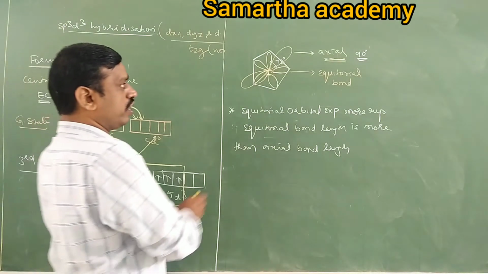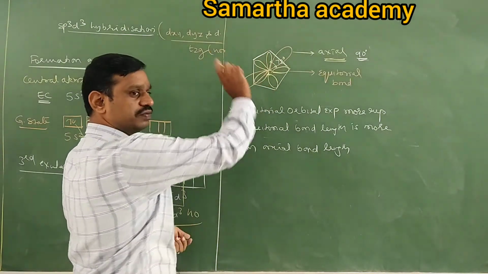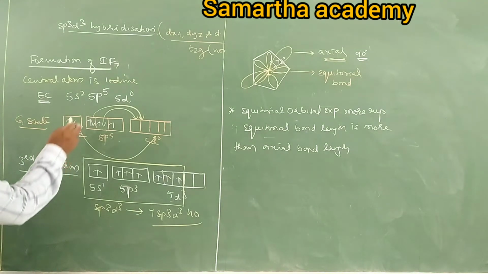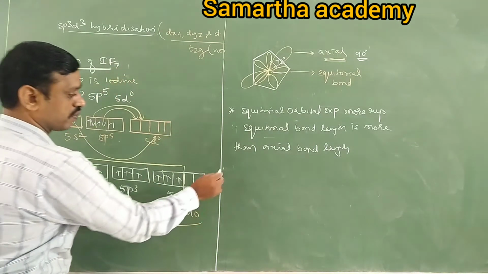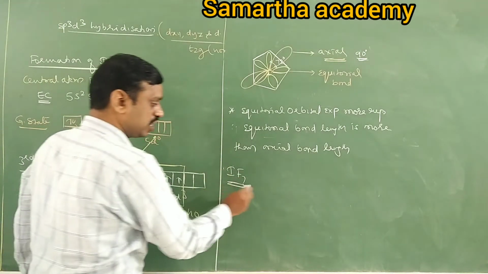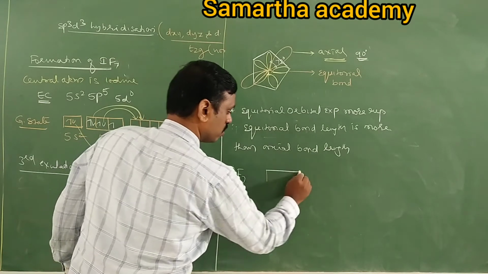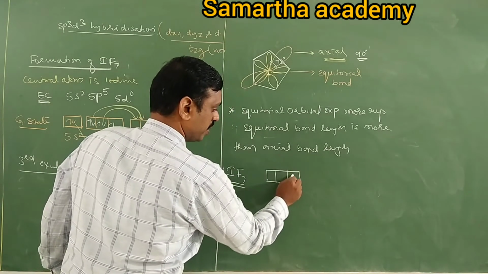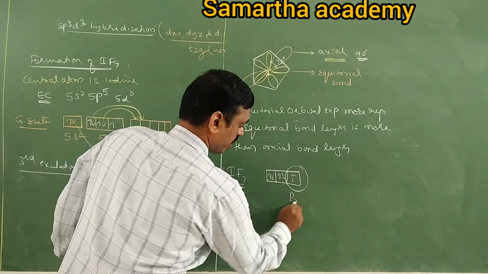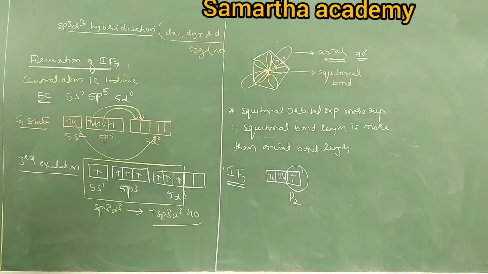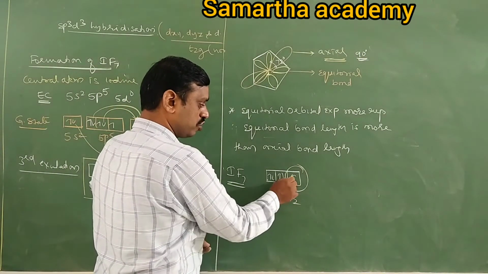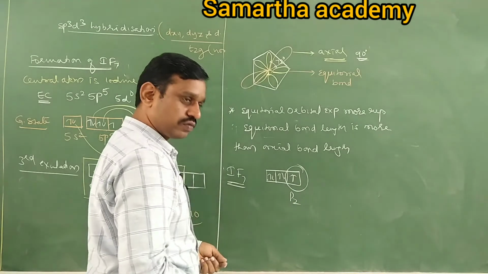Now here iodine has seven equal sp3d3 hybrid orbitals, and iodine is surrounded by how many fluorines? Seven fluorines. We know that each fluorine has a pz orbital, as we just studied. So each fluorine has one partially filled pz orbital.